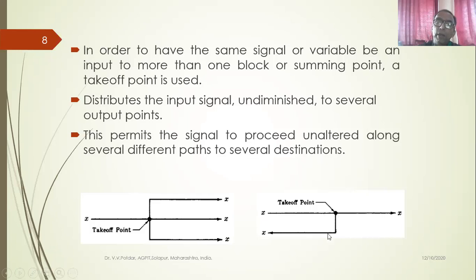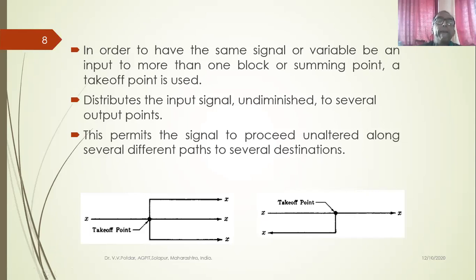It is in the feedback path also. I do it by using a takeoff point. Here the same signal is moving backwards also. This distributes the input signal undiminished to several output points. This permits the signal to proceed unaltered along several different paths to several destinations. This is the meaning of takeoff point.